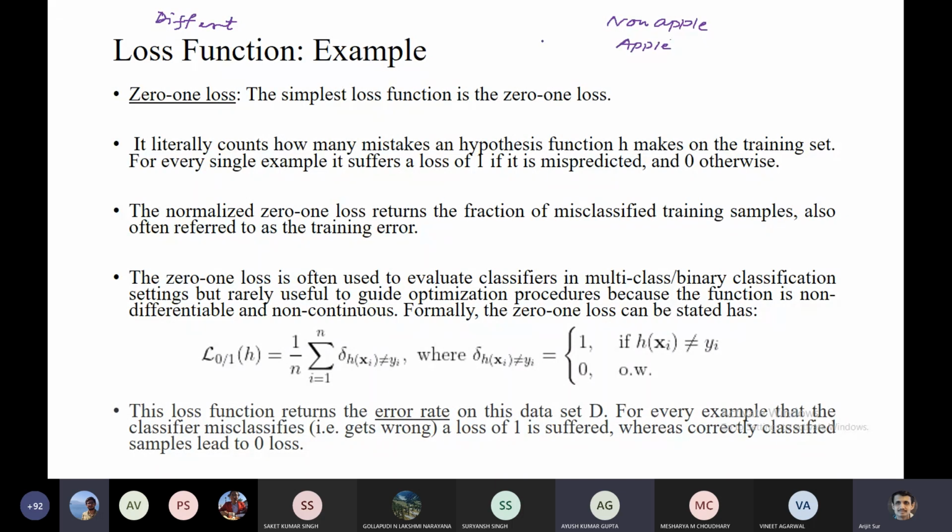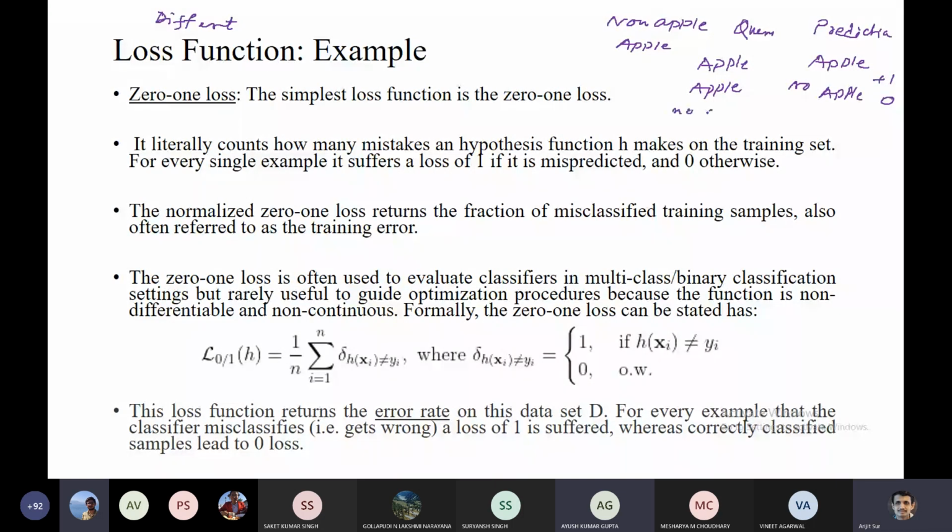Now you will say that this is the query, and this is the prediction. So if you give apple and it also predicts apple, so it is +1, or 1, yeah, +1, 0-1 loss. If you give apple and it says no apple, it is a false negative, so 0.